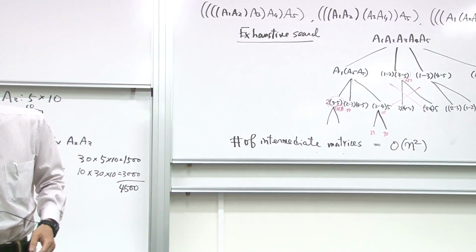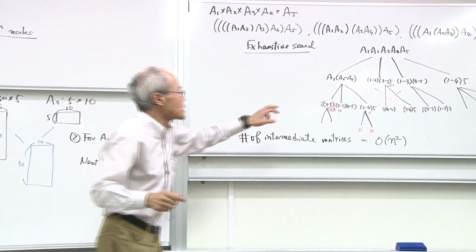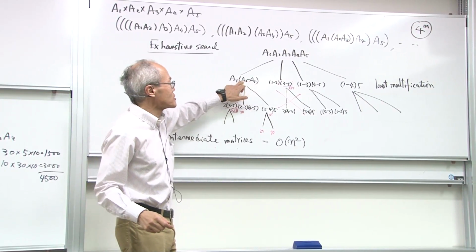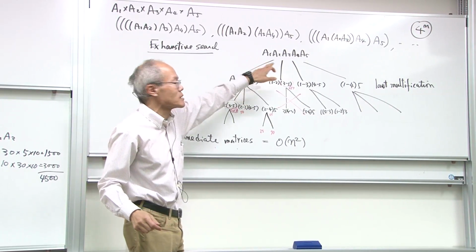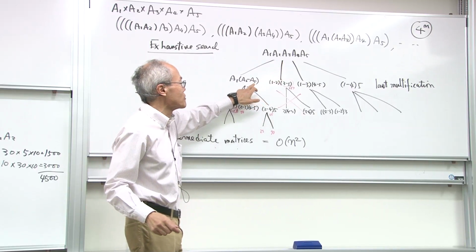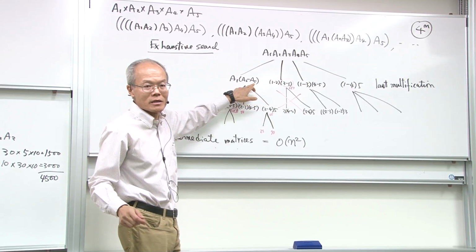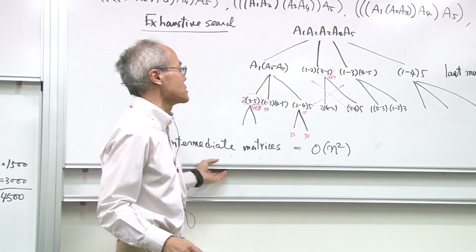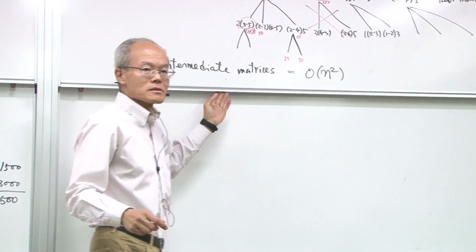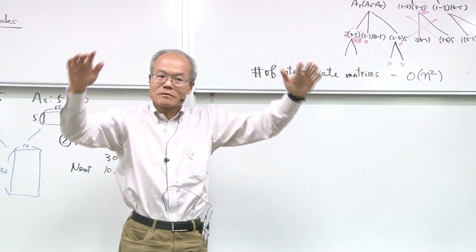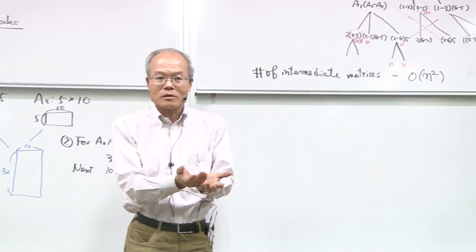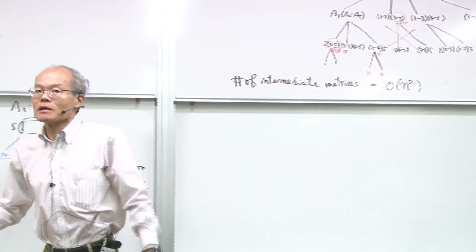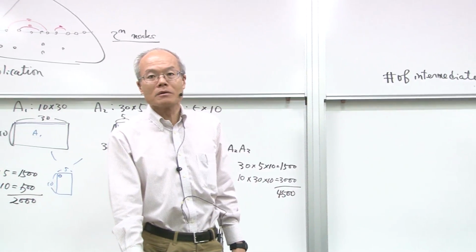Just n squared, because the intermediate matrices means something like A2 to A5. So the selection of the first matrix is something like n, and the selection of the last matrix is also n. So n by n possibilities. It's a small number. The size of the search tree is huge, but the number of different submatrices appearing is very small, just n squared.